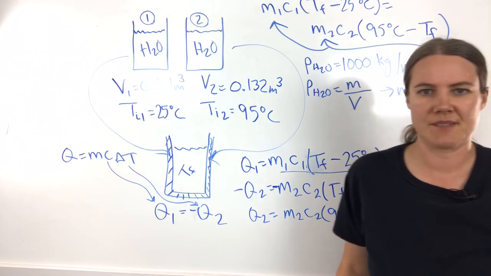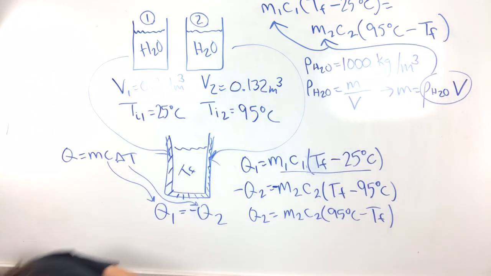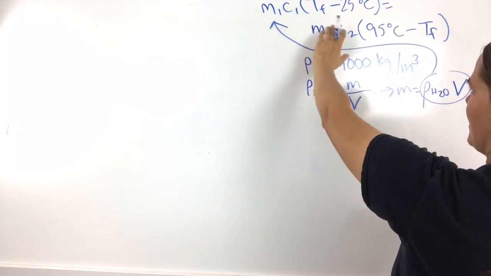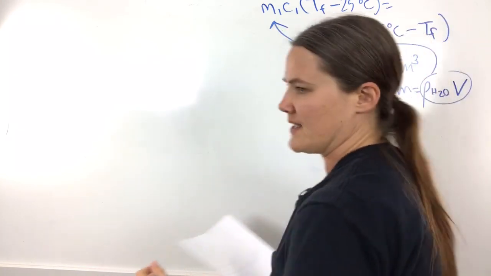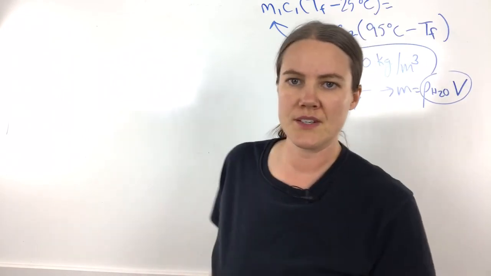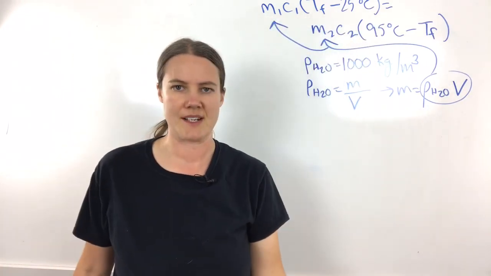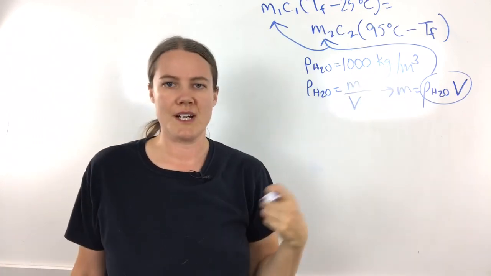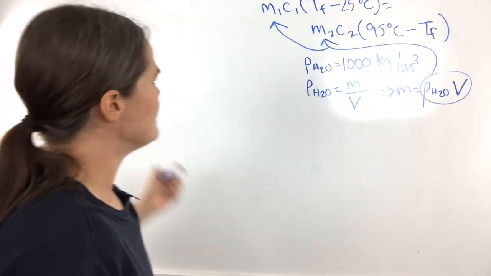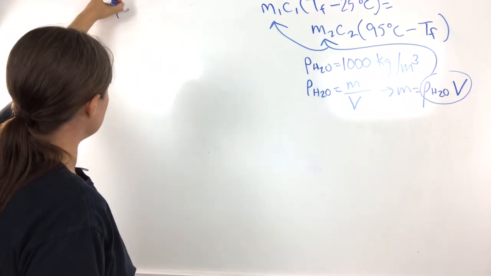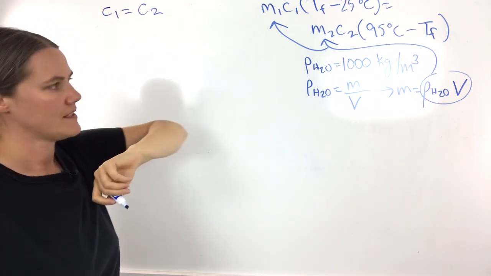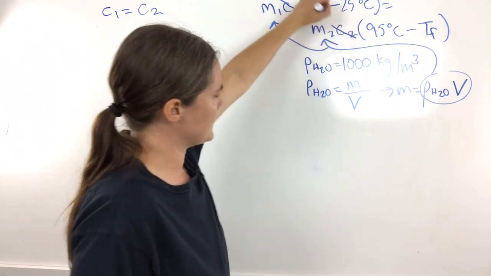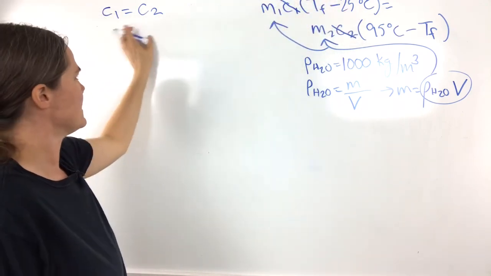I'm going to erase some things real quick. We have this equation, and I'm going to rewrite a few things. Since the two substances we're mixing together are both water, we know that they have the same density, but we also know that they have the same specific heats. So I can say that C1, the specific heat of 1, is equal to C2. I'm going to cancel the specific heat out of this equation because they're the same.